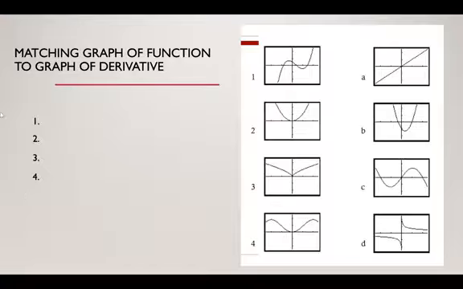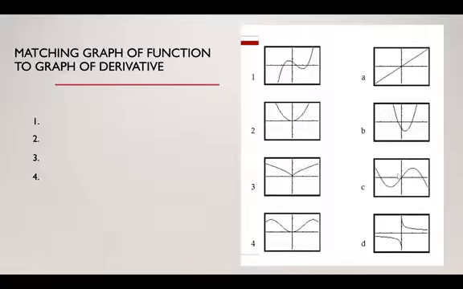Okay, so just looking at number 1, we can see that we have a positive slope for this first portion of the graph. And then we have a horizontal tangent line, which is going to cross the x-axis. Then we have a negative slope, another horizontal tangent line, then a positive slope. So basically, we want to look for a graph that has positive values, negative values, and then positive values with 2 x-intercepts.